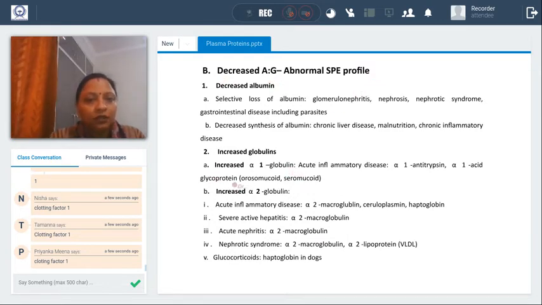Increased globulin may occur in many conditions, like increased alpha-1 globulin in acute inflammatory diseases, alpha-1 antitrypsin, alpha-1 acid glycoprotein, and another is increased alpha-2 globulin. It is present in acute inflammatory diseases, severe acute hepatitis, acute nephritis, nephrotic syndromes, and various other diseases.